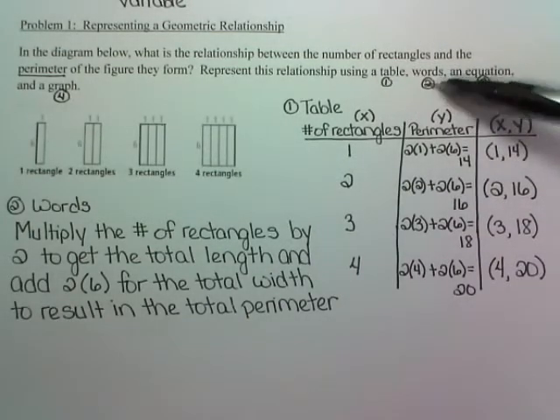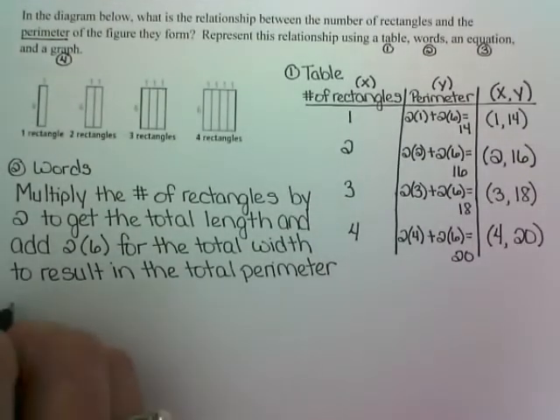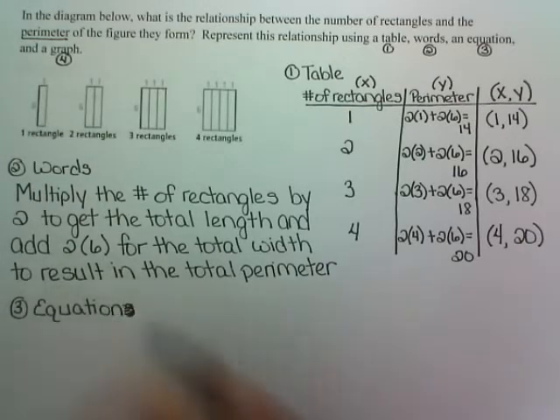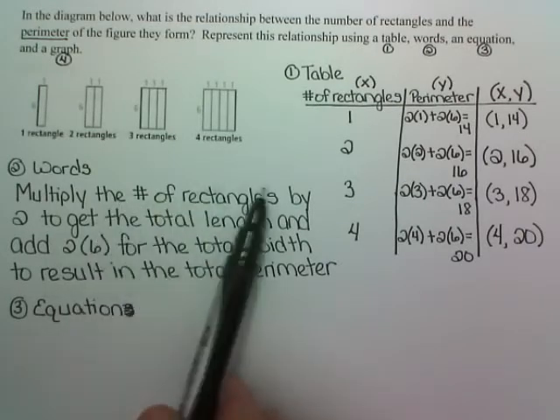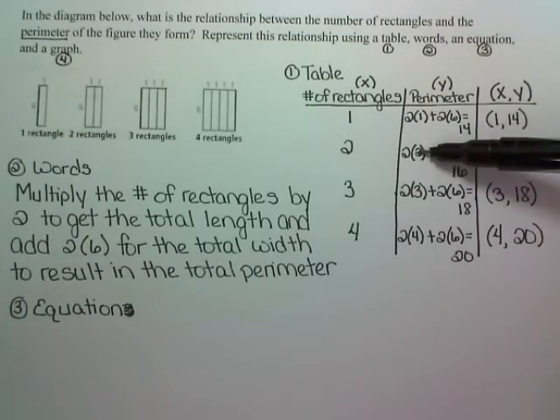So we've taken care of the first 2 steps. Now writing the equation should be very simple, because with the equation we pretty much have it written out for us in the table, and then we've got the explanation of it here in words. We're multiplying the number of rectangles by 2. Well, the number of rectangles is constantly changing.